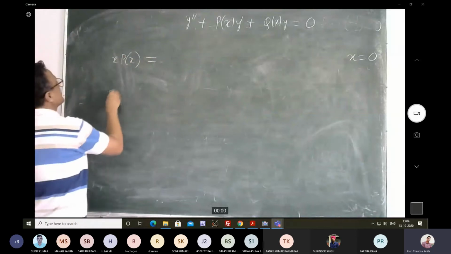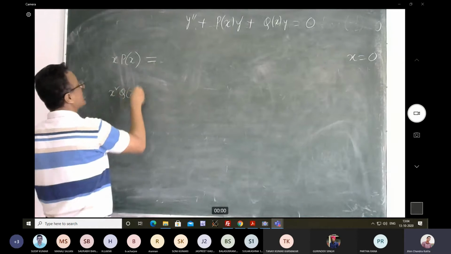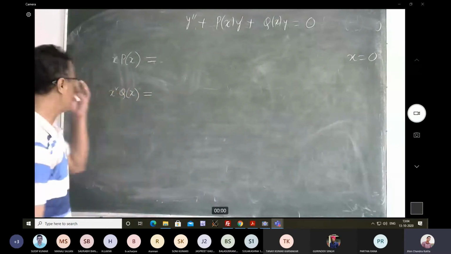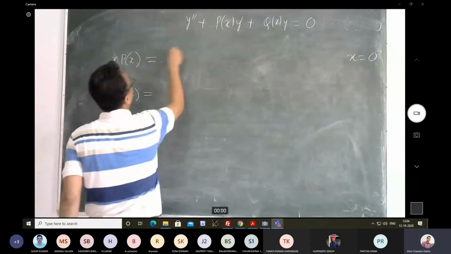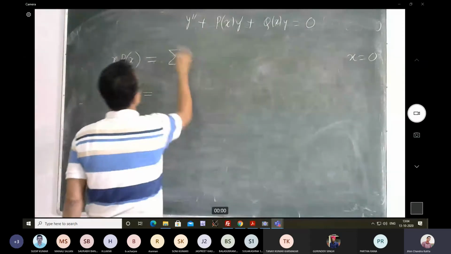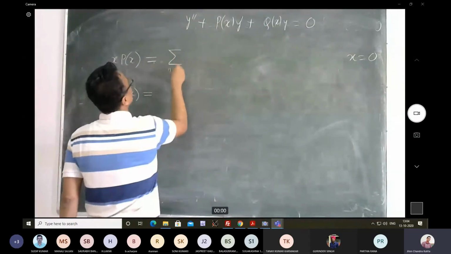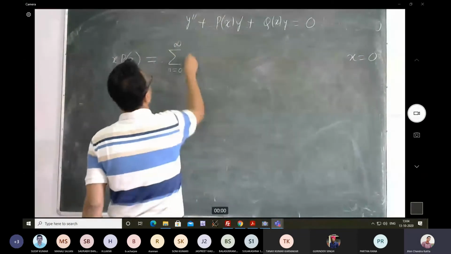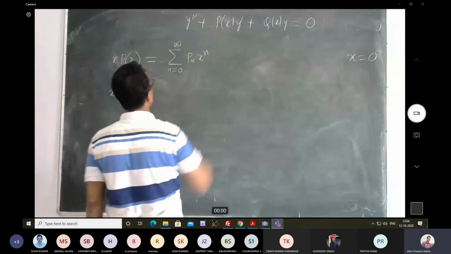So similarly, x squared q(x) is also analytic about x equal to 0. So that means I have a series of this form, right?